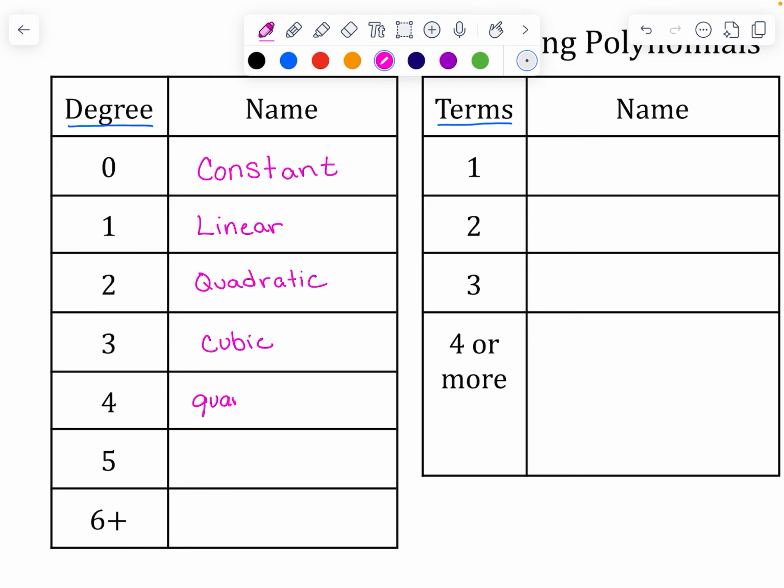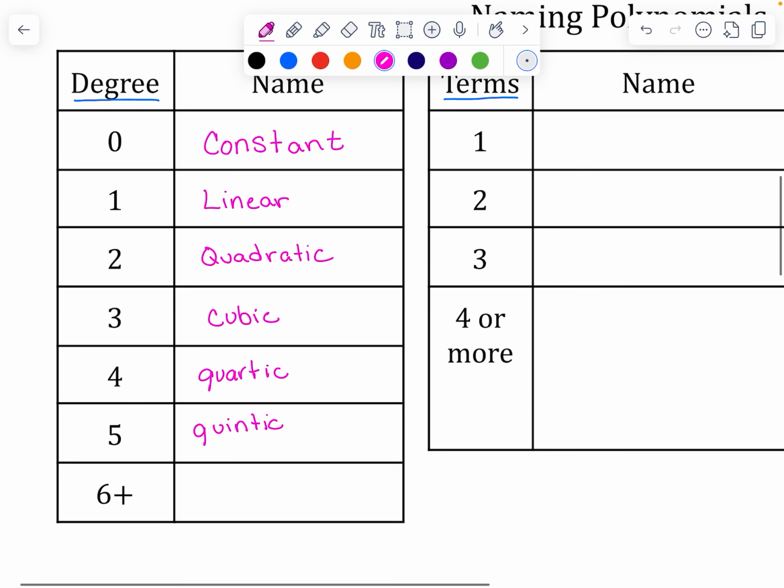Think of quarts, 4 quarts in a gallon. 5 is going to be quintic. And if we have anything higher, 6th degree, 7th degree, 8th degree, whatever, you're going to say blank, so whatever number, degree.